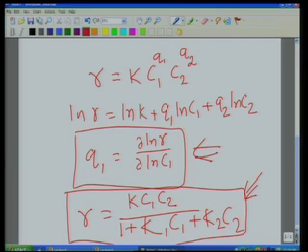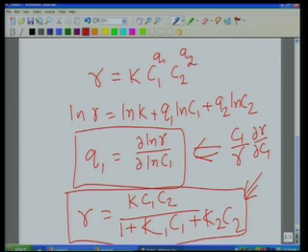If I do that for this particular function, what is this ∂ln r/∂ln C1? It is also nothing but C1/r ∂r/∂C1. That is my definition of ∂ln r/∂ln C1.